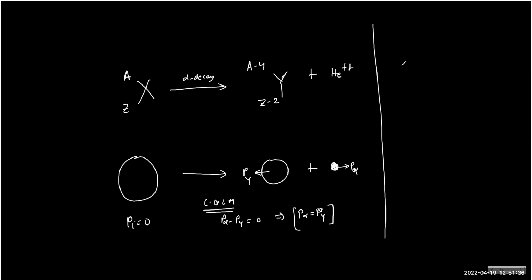And now we define something called the very interesting Q value. Have you heard this one? Q value. So Q value is called the total kinetic energy available to the constituent particles.